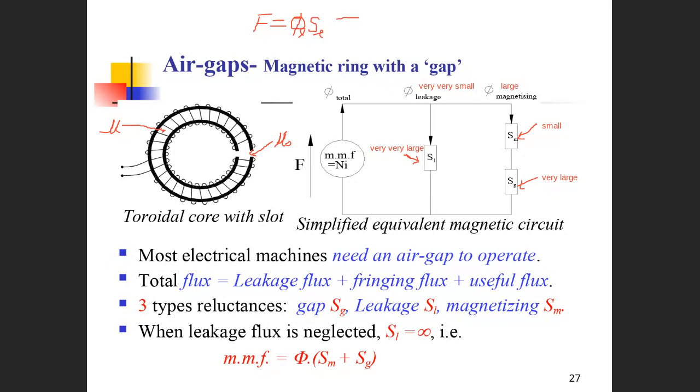Because they are in parallel, it is also equal to the magnetizing flux times the total reluctance in the ring.